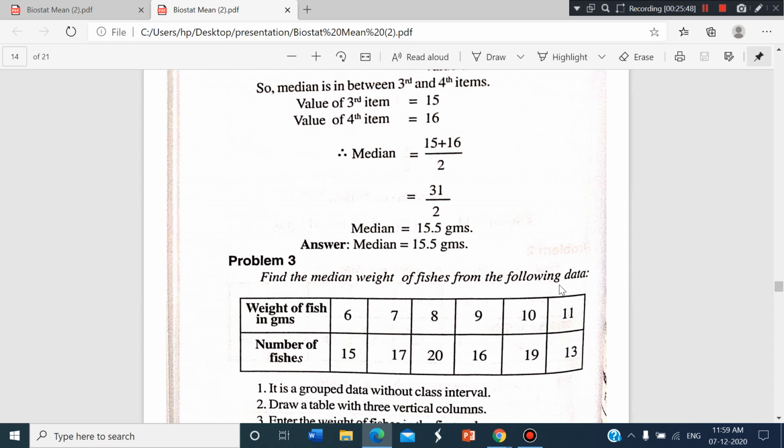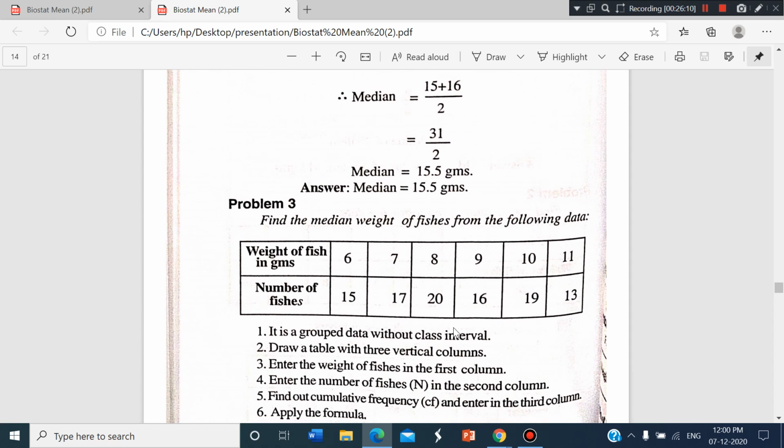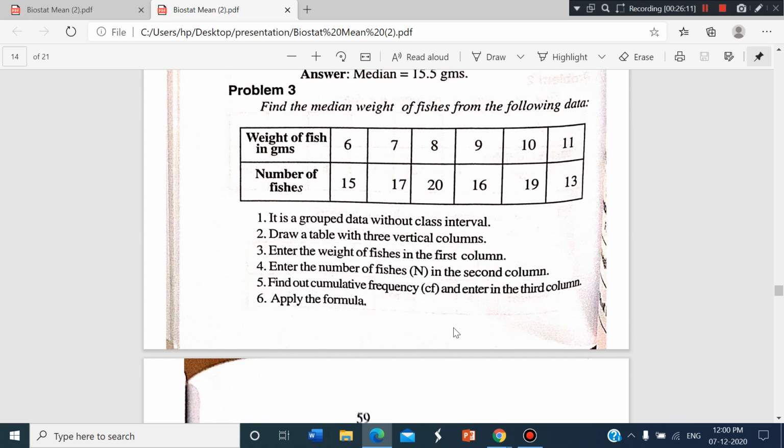Weight of the fishes in grams and number of fishes: 15 fishes are weighing 6 grams, 17 fishes are weighing 7 grams each, 20 fishes are weighing 8 grams each, 16 fishes weighing 9 grams each, 19 fishes weighing 10 grams each, and 13 fishes weighing 11 grams each. So this is grouped data without class intervals, which you have understood.